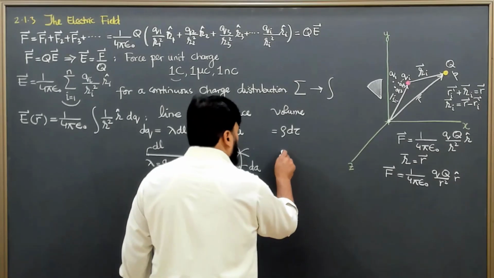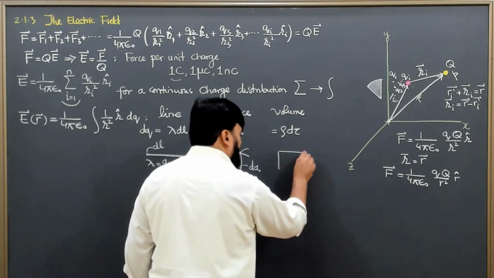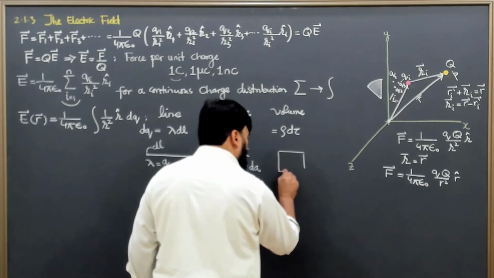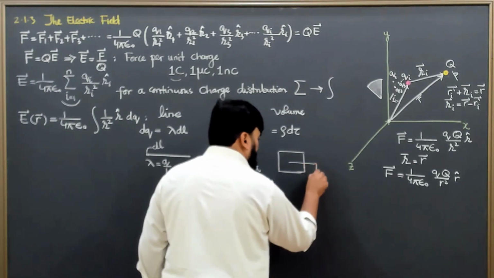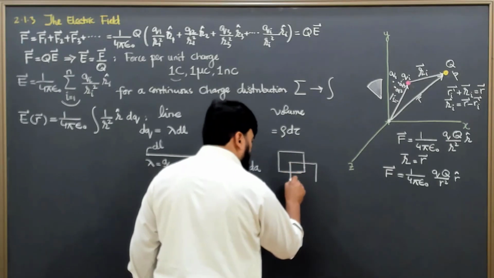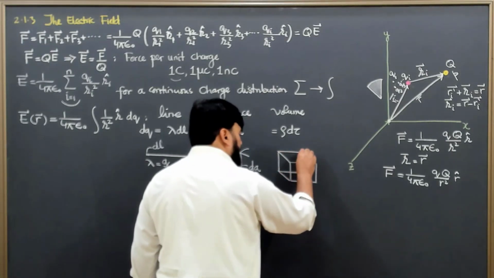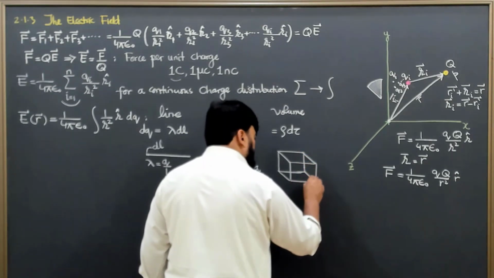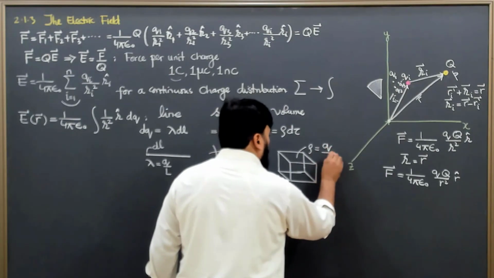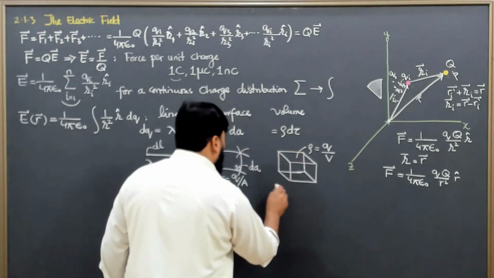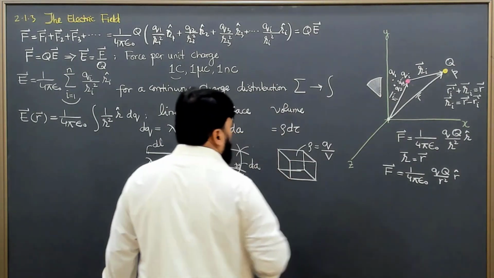And over here it will be the volume. Let's say, for example, a solid cube. If rho is the charge per unit volume, then dq will be equal to rho d tau.